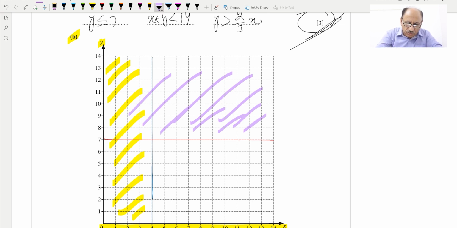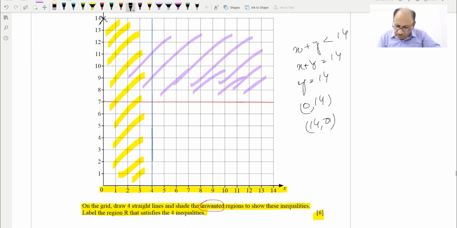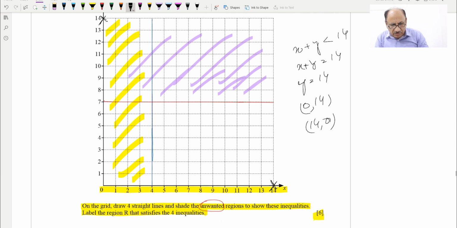x plus y is equal to 14. So we can write basically x plus y is less than 14. If we take x plus y equal to 14, when x is equal to 0, y will be equal to 14. So 0 and 14 is 1 point. When we take y equal to 0, the other point will be 14 and 0. And it is less than, so less than is wanted, so more than will be the unwanted region.